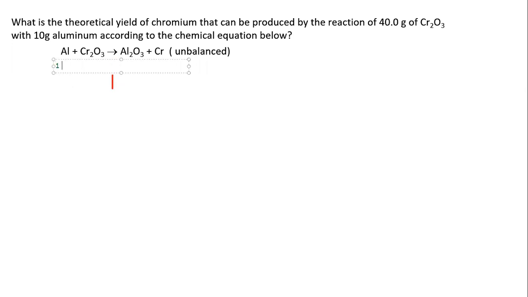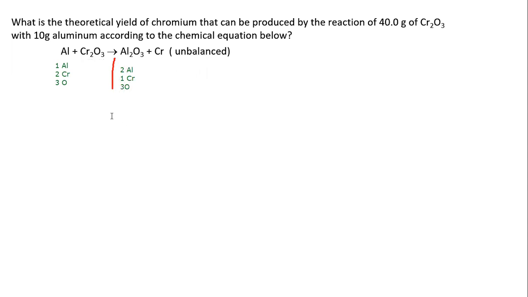So we have 1 aluminum, 2 chromium, 3 oxygen. On the product side, we have 2 aluminum, 1 chromium, 3 oxygen.